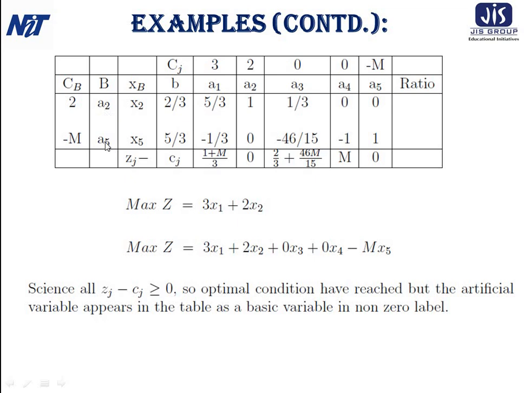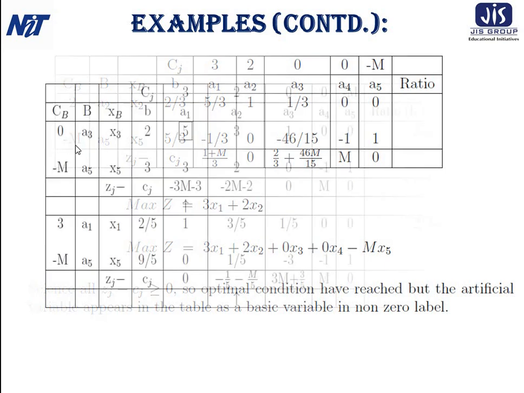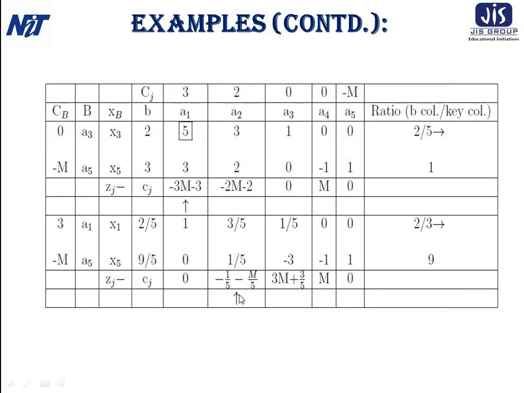x5 remains the same, a2, a5. And what is the coefficient of x2 in the objective function? This is 2, because Cj will always be the same. And what is the coefficient of x5? That is minus m. Now come to the previous slide. So what is the key element? 3 by 5.